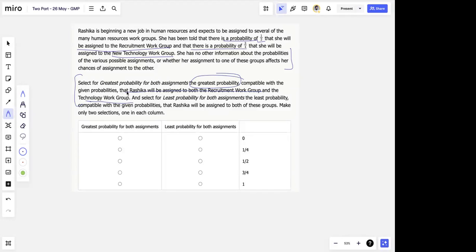Correct. And second is to select the least probability, compatible with the given probabilities, that she will be assigned to both these groups. Basically, we need to find probability of A and B greatest and probability of A and B least. Correct.